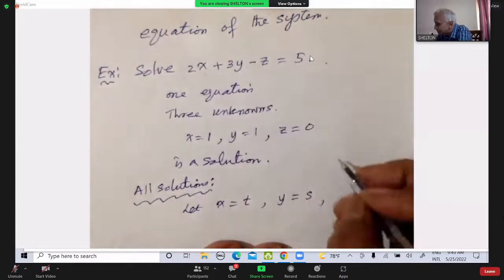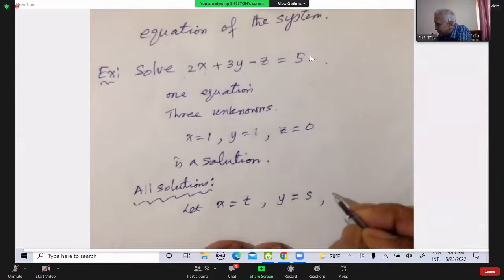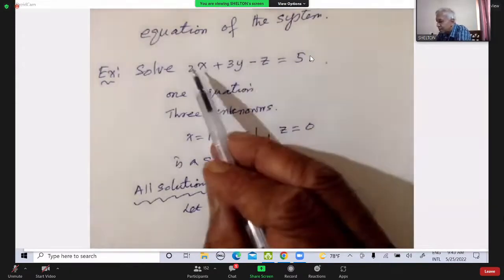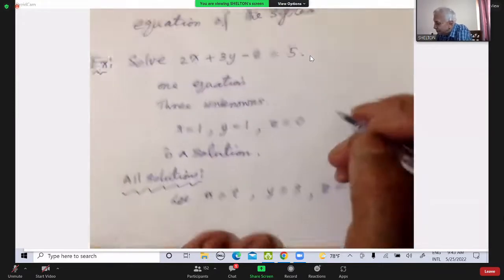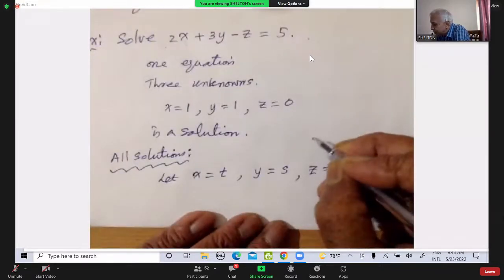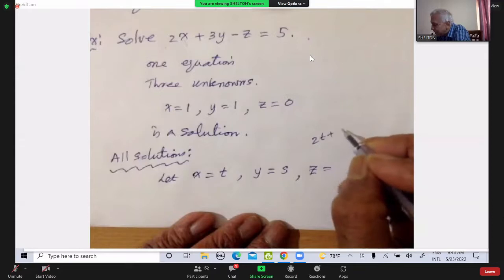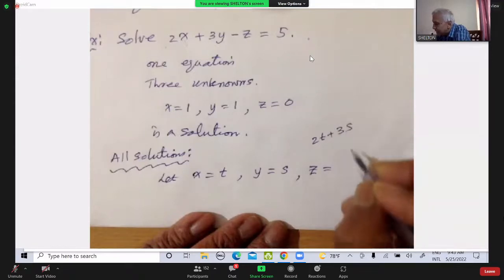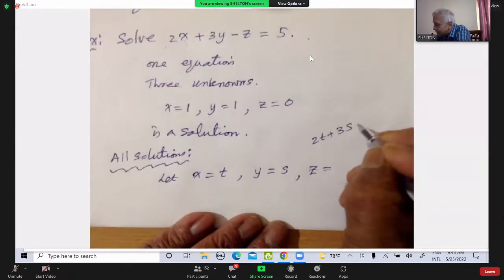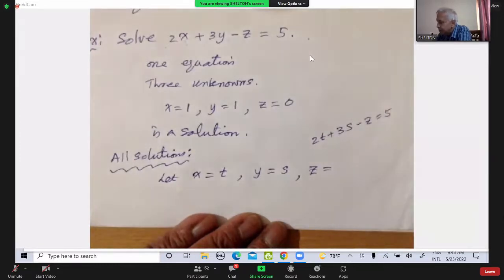Then go to this equation and do rough work. What should z be? 2x meaning 2t, plus 3s, minus z is equal to 5.